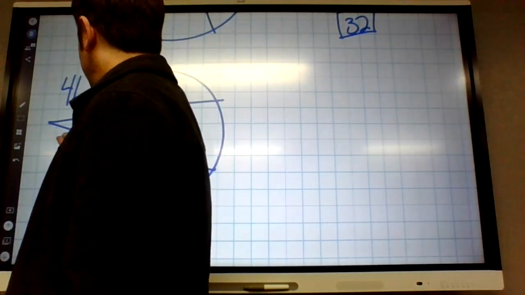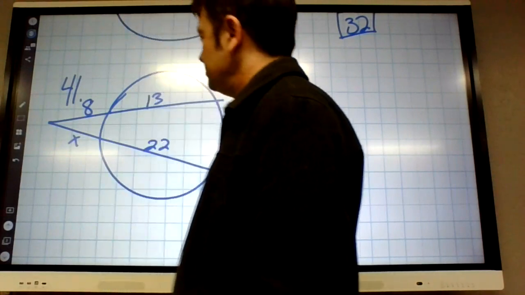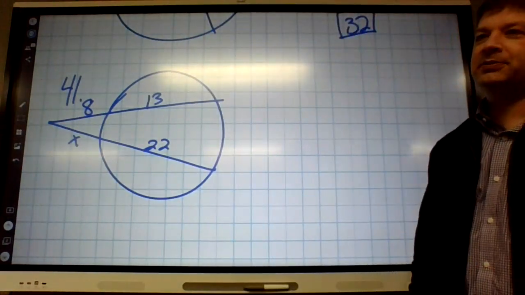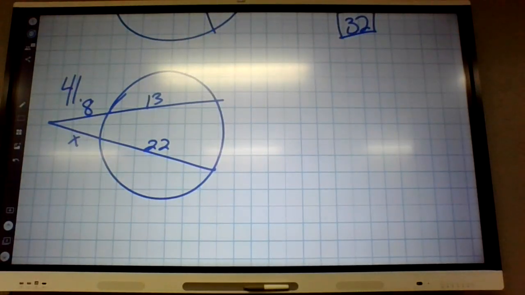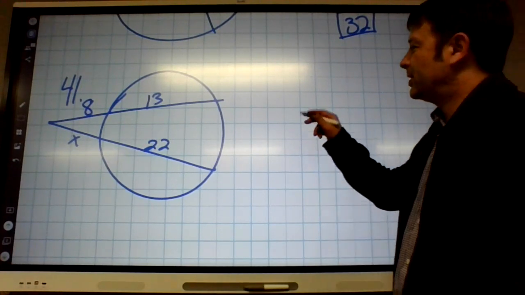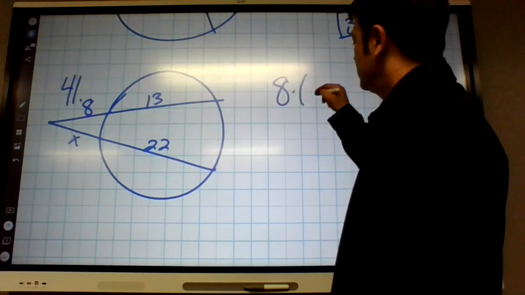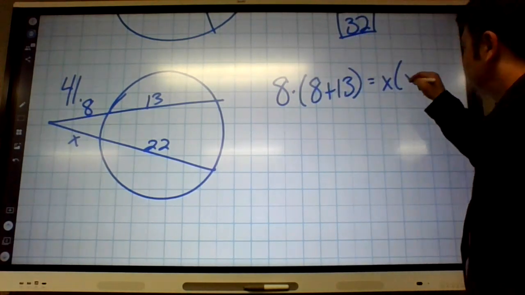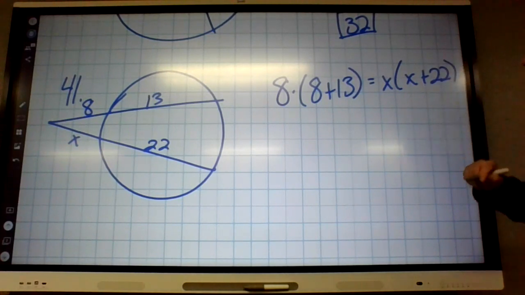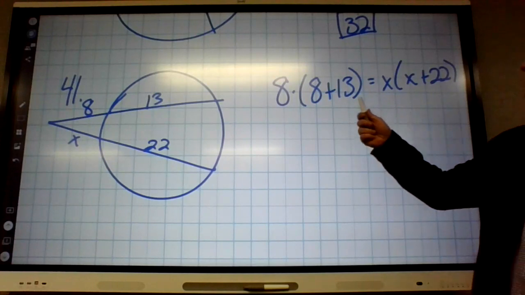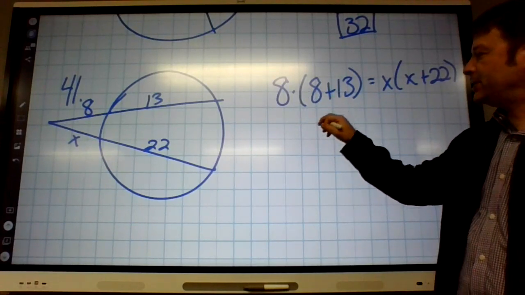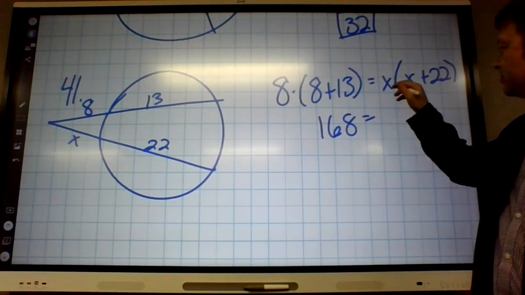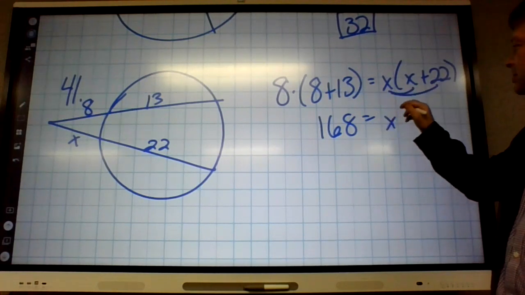And we don't know that one. So this is 21 times 8, which is like 168, equals distribute.